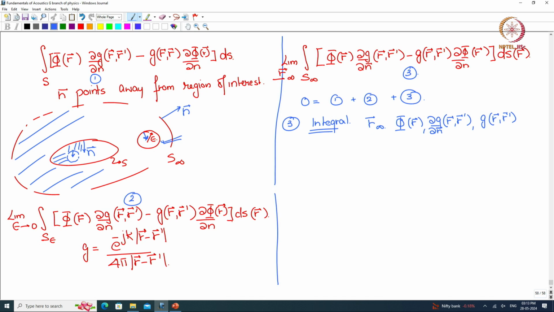Now if they are indeed sound fields or related to sound fields, they cannot have any finite value at infinity.